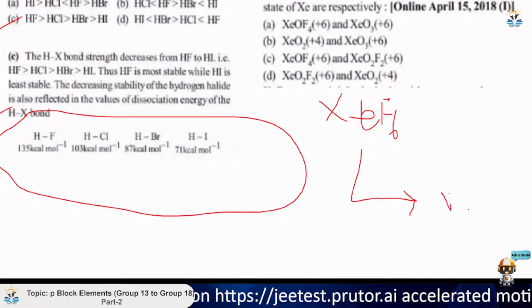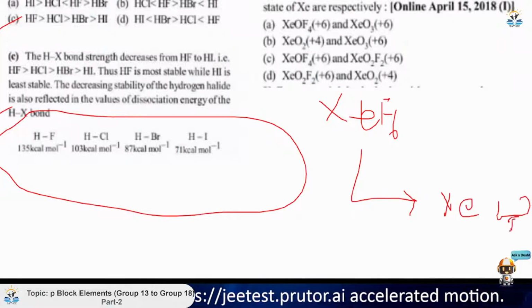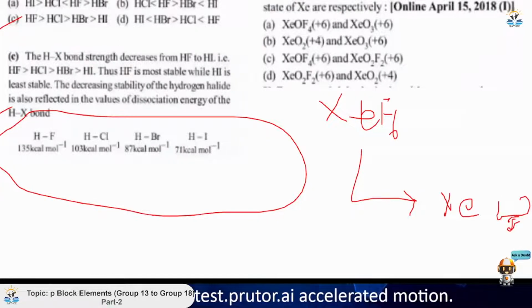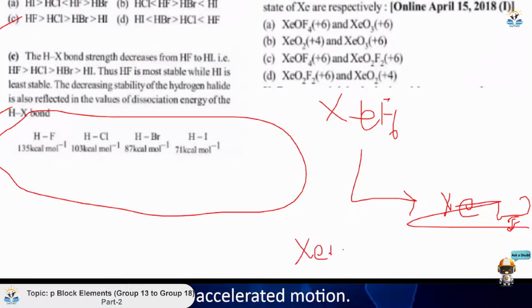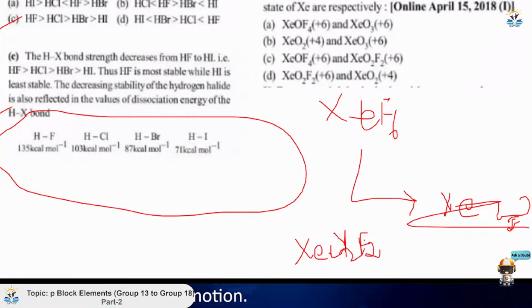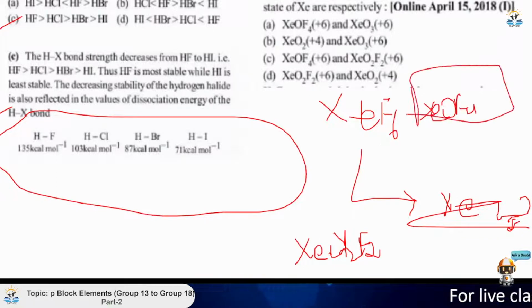One is XeO2F2, let me write that here. And the other compound that we actually get is XeOF4. So I'll write that here. XeOF4 is formed under partial hydrolysis.